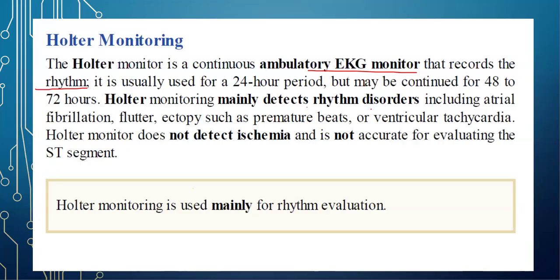So Holter monitor mainly detects rhythm disorders, like if a patient has atrial fibrillation or supraventricular tachycardia. Those are the things that you look for in a Holter monitor. But for someone who has ischemia or chest pain, Holter has nothing to do with that. Okay, so remember that if you are suspecting rhythm disturbance, then only you do a Holter monitor.